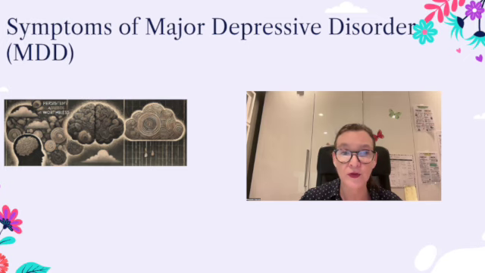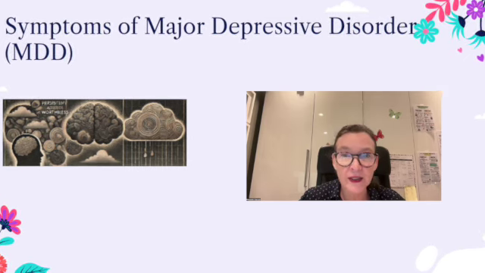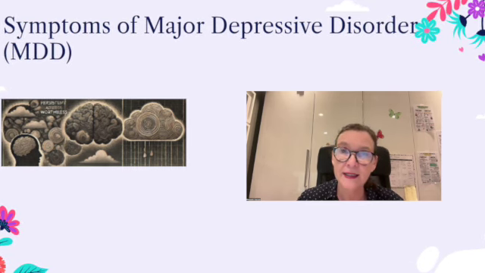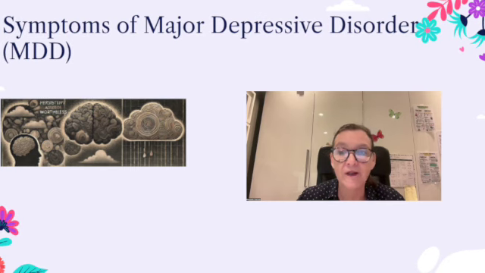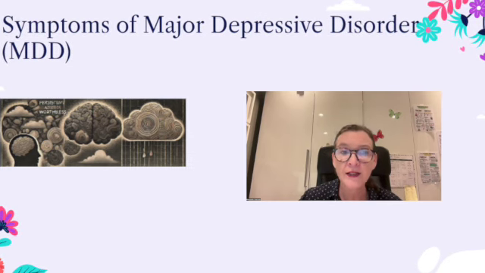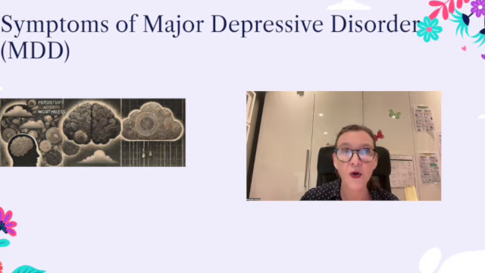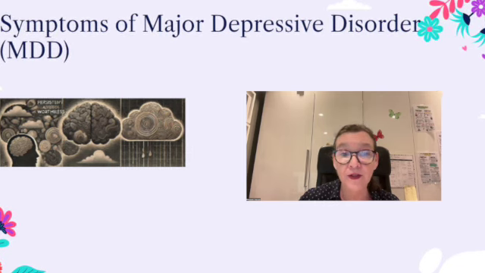Let's start with emotional symptoms. This is persistent sadness, feelings of worthlessness, or excessive guilt. For example, a person may feel hopeless and disconnected from loved ones without really having a clear reason. The cognitive symptoms are difficulty concentrating, making decisions, or experiencing recurring thoughts of death or suicide.